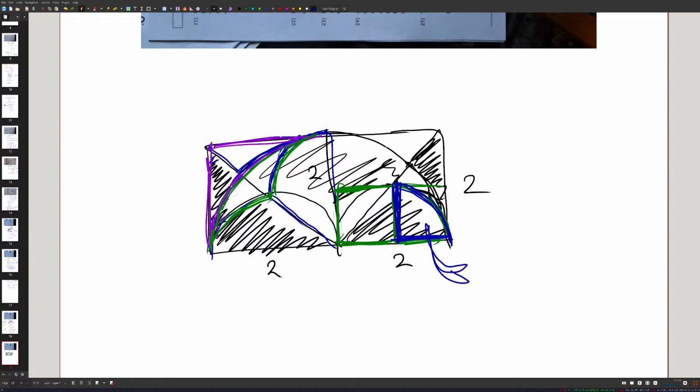So this one has area a quarter of pi. This shaded piece over here is a right angled triangle where the two side lengths are both 1. So it has an area a half.